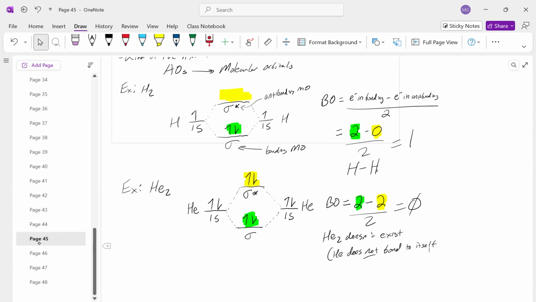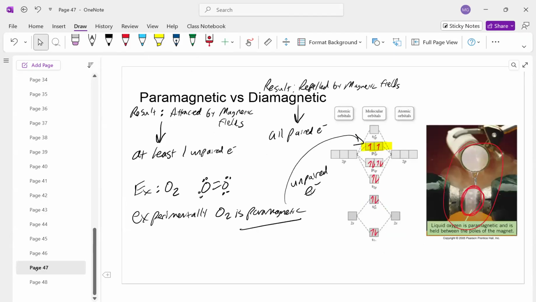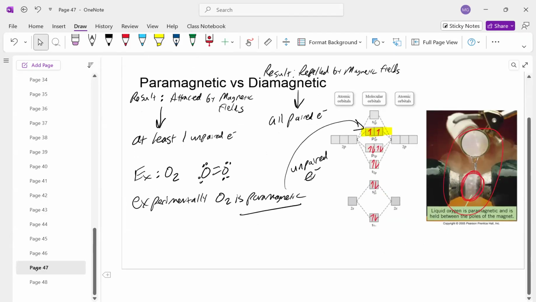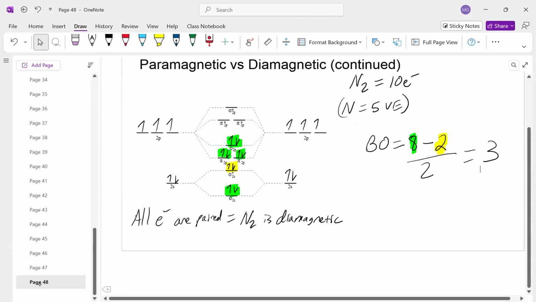So I just want you to be able to use these molecular orbital diagrams, fill them in, and number 1, calculate bond order. Number 2, determine if that diatomic element will exist. And then number 3, determine if that diatomic molecule is paramagnetic or diamagnetic based on whether there are paired or unpaired electrons.